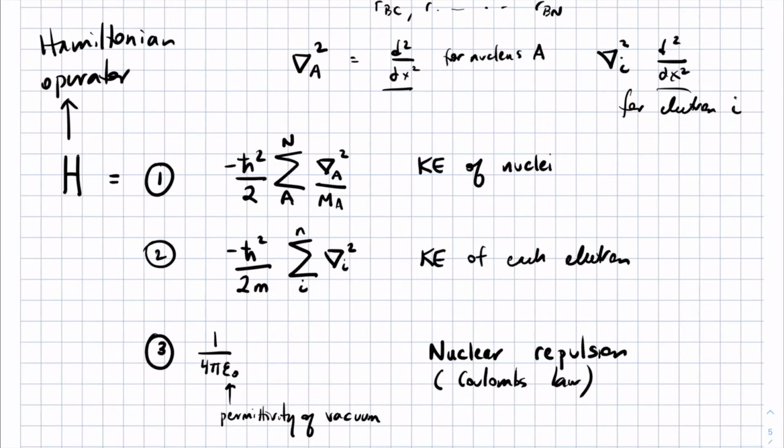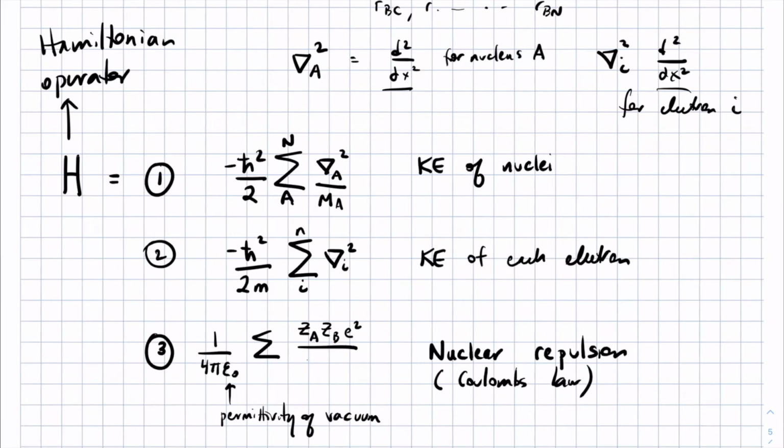And then we're going to take the sum of the following expressions. Charge of nucleus A times charge of nucleus B, well, actually, sorry, number of protons in nucleus A, number of protons in nucleus B, times the fundamental charge increment of an electron or a proton.